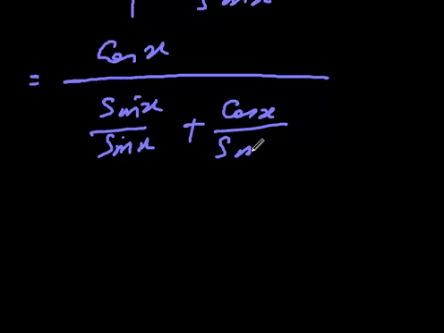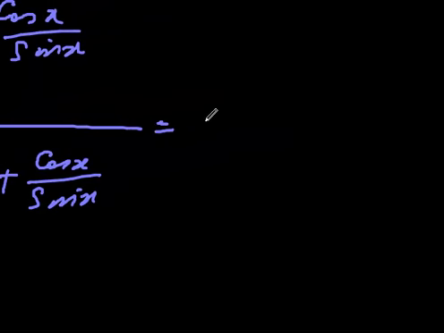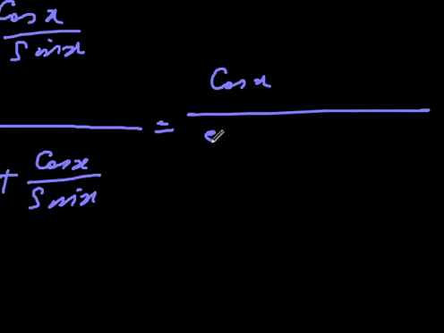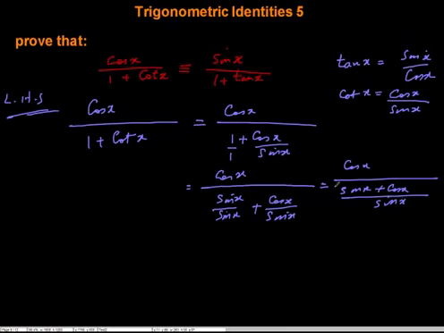Plus cos x over sin x. Because the denominators in the denominator are equal, I can write it as a single denominator. So I will write it as sine of x plus cos of x over sine of x.